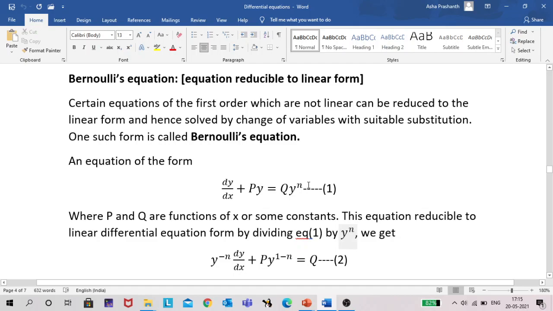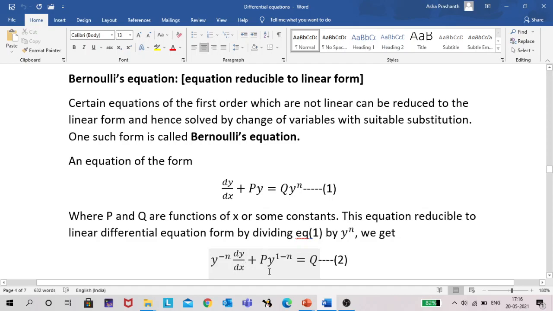How? By dividing the whole equation by y to the power of n. If I divide the whole equation by y to the power of n, I'll get 1 divided by y to the power of n dy by dx plus py by y to the power of n is equal to q. 1 divided by y to the power of n can be written as y to the power of minus n dy by dx.